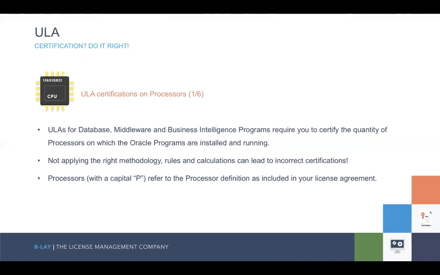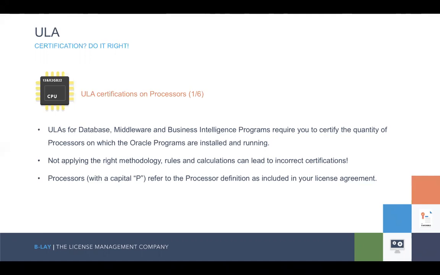Now, what we see in there, if you start counting the number of processors that you want to certify, then obviously it is really important that you count correctly. And again, that may sound really easy and very obvious, but you would be surprised that a lot of people still make mistakes in there.